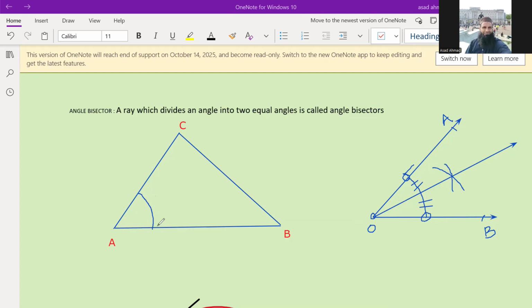It should not be extremely small because it will become difficult to control the compass, or too large because this will disfigure your diagram. So better is to draw a suitable arc, and by keeping the same radius, draw all these arcs by taking centers A, B, and C respectively.